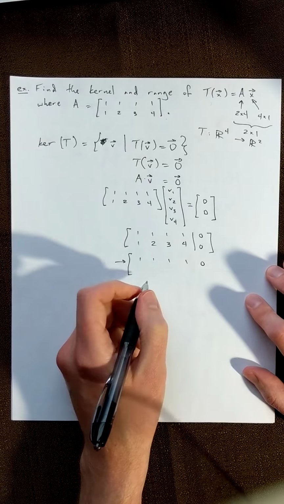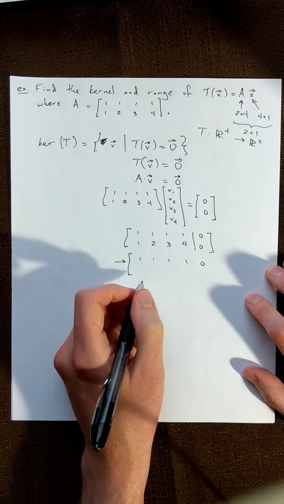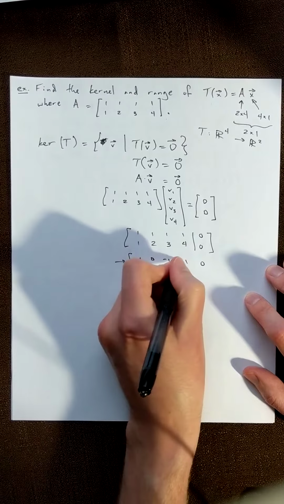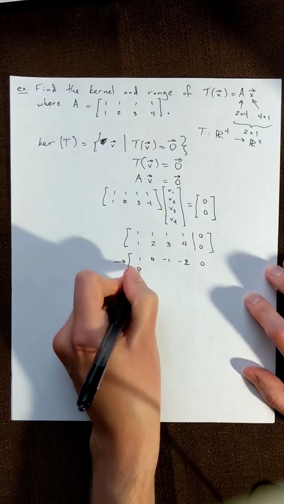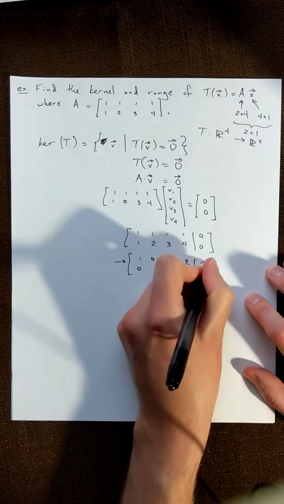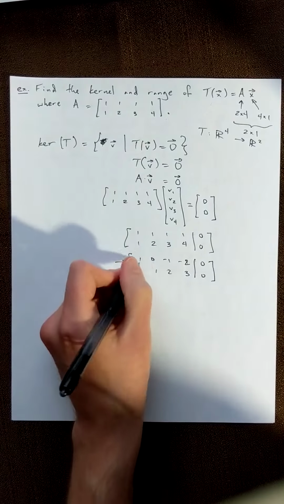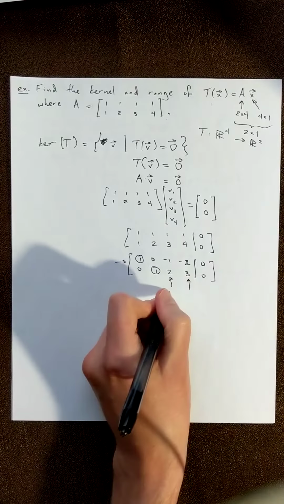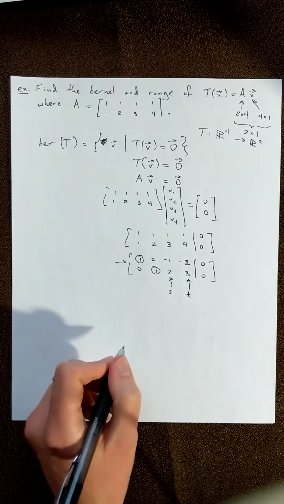I happen to have that written next to me, and it row reduces to 1, 0, negative 1, negative 2, 0, 1, 2, 3, 0. Okay, so we have leading ones in the first two columns, no leading ones in the next two columns. So that means that these two columns could be whatever they want.